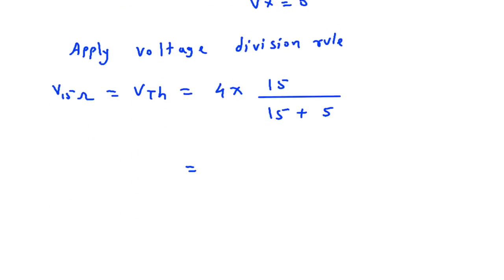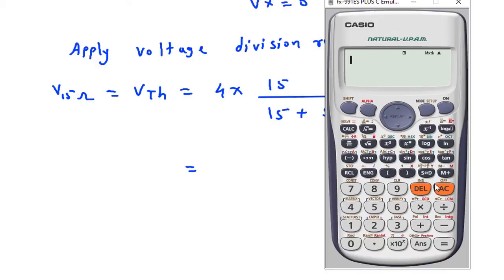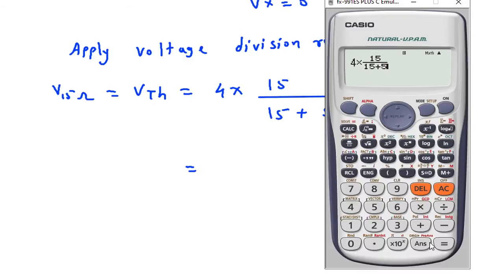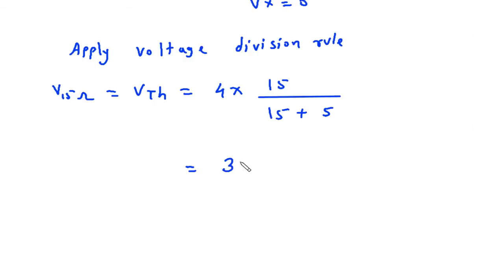So this will be 4 into 15 by 15 plus 5. So it is 3 volt. Therefore this is the value of VTH. VTH is equal to 3 volt.